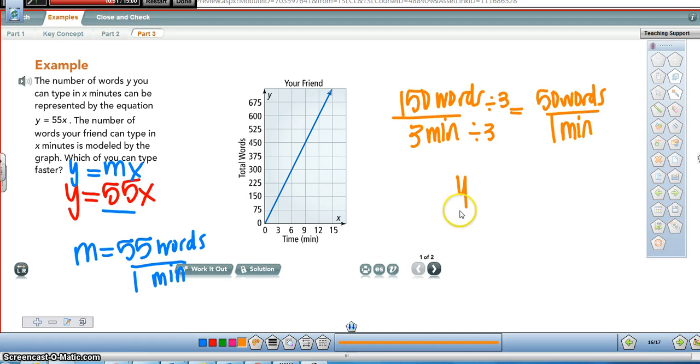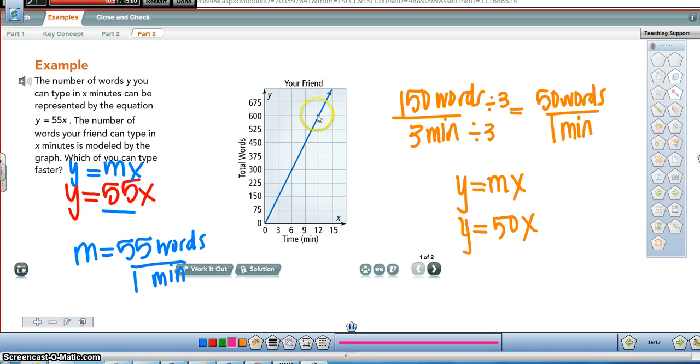An equation that could represent this graph, your friend's typing, would be y equals mx, where m is the constant of proportionality. We know that the unit rate is always our constant of proportionality. 50 is our constant multiple. Let's even just double check our equation to make sure it works. Let's try 12.